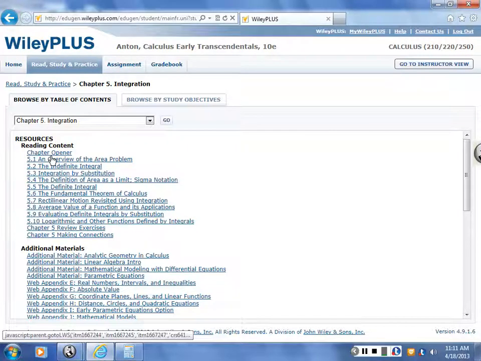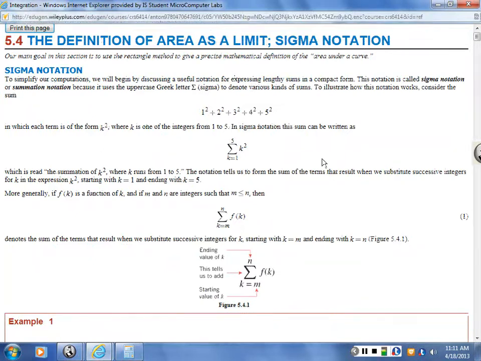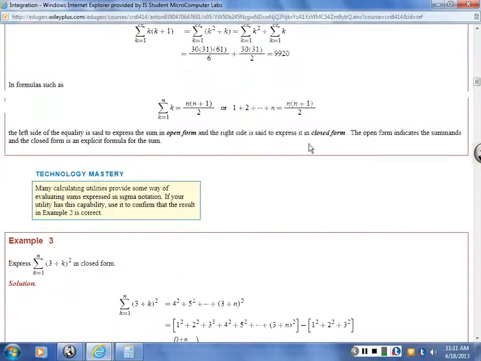So today, the first thing I want to start with is 5.4. I think it's going to make sense. This is how integration was developed. This is how it all started. We wanted to find the area underneath the curve. So we're going to skip through some of the summations for a minute.